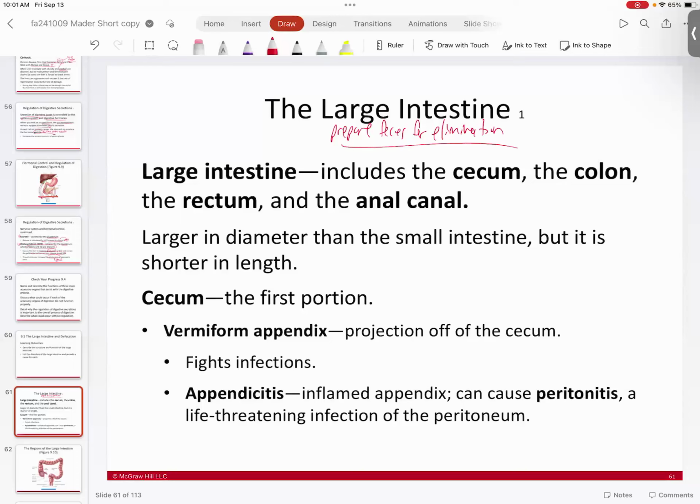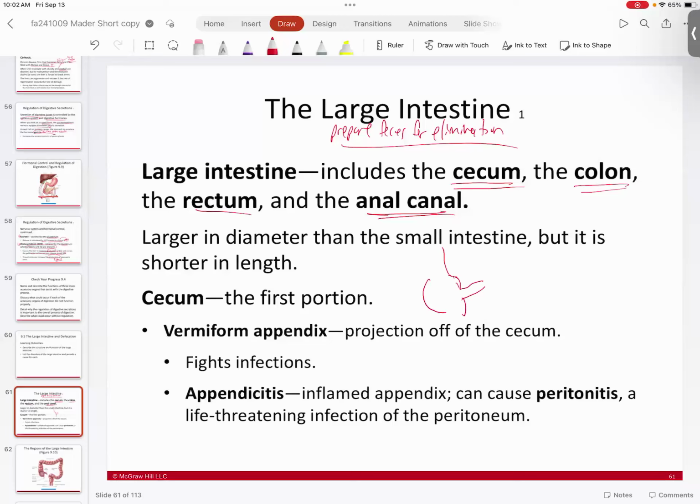It has a couple of major parts. So it has the cecum, the colon, and the rectum, and then of course the anal canal. It's larger in diameter than the small intestine, which is the reason why it's called large. And the cecum is the first part. Now attached to the cecum is your appendix, which is basically a little projection off the cecum. As the small intestine enters into the cecum, it's like a large, swollen, pouch-like structure.